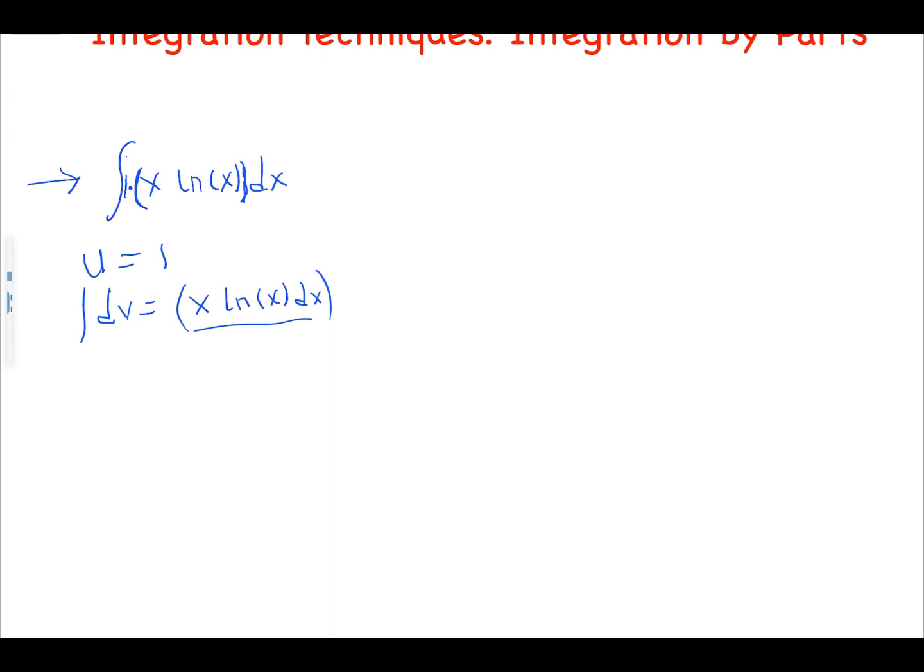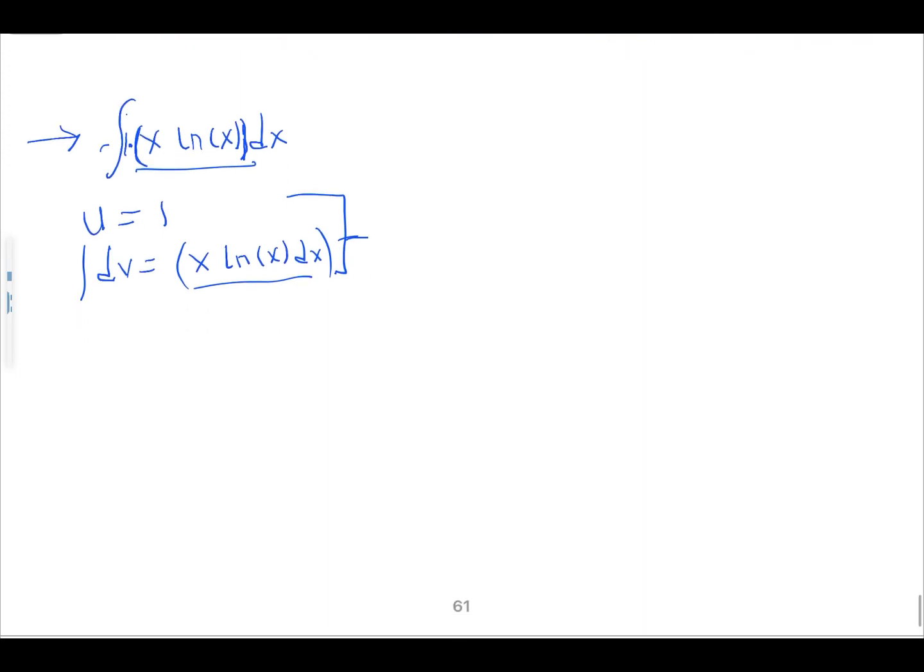That's why we wanted to apply integration by parts. If we knew the value of this, we would have done it straightforward without applying this. So this is not necessary. If you make this assumption, you are going wayward.